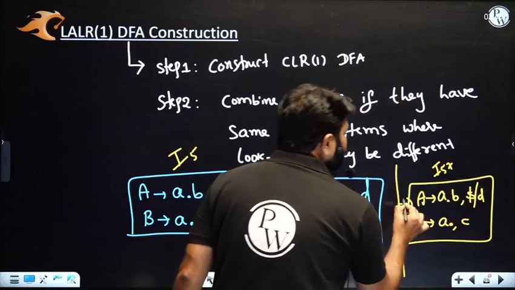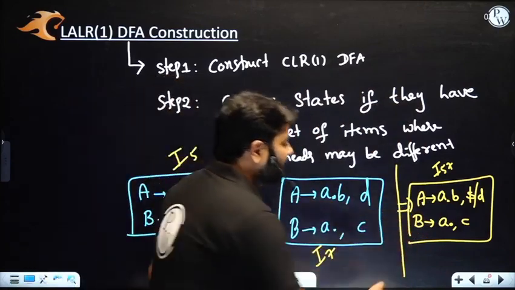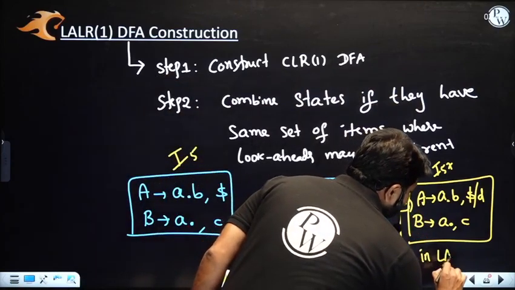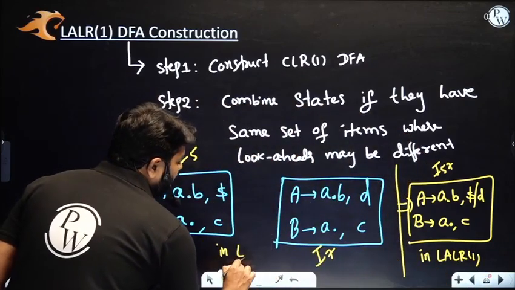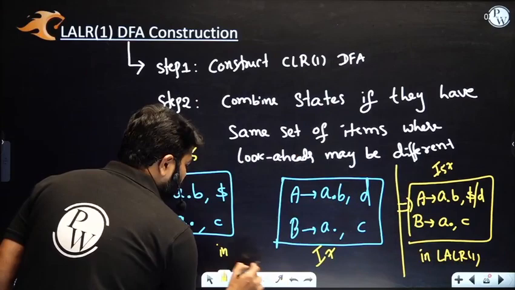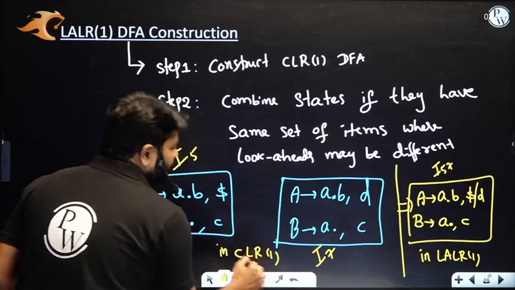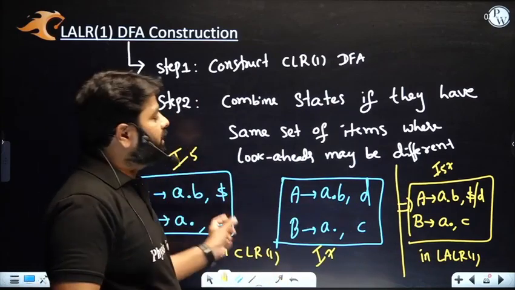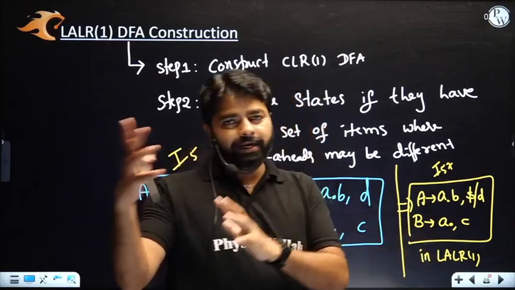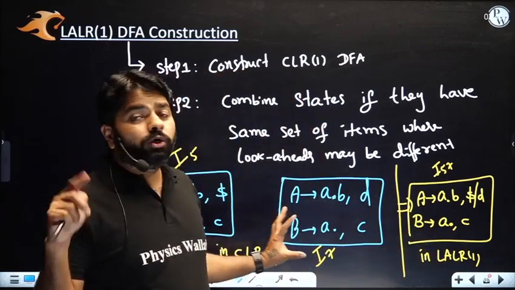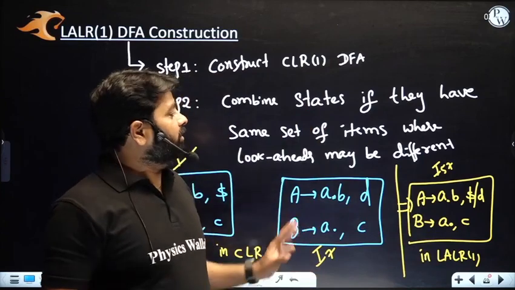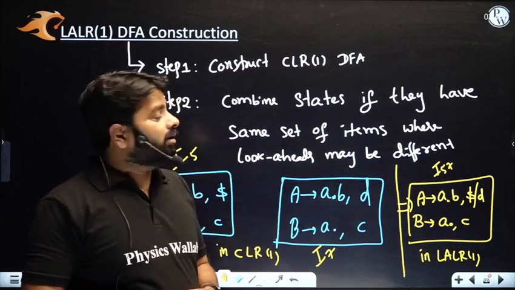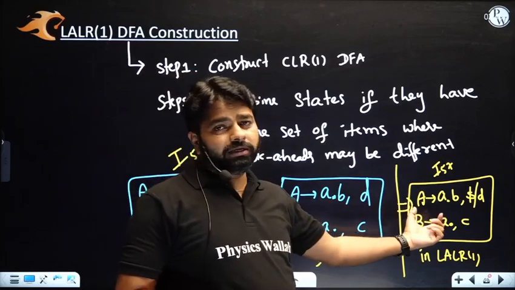This is the new state you will get in LALR1, but these two states are there in CLR1. In CLR1 you have these two states, then they combine into one state in LALR1. But when you combine, you may get a conflict.